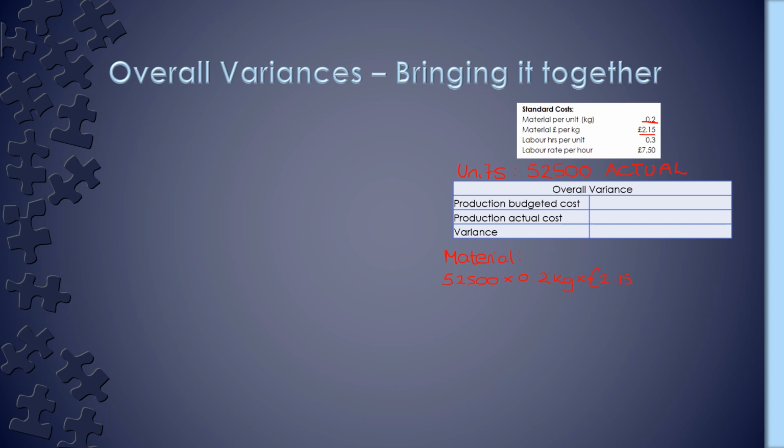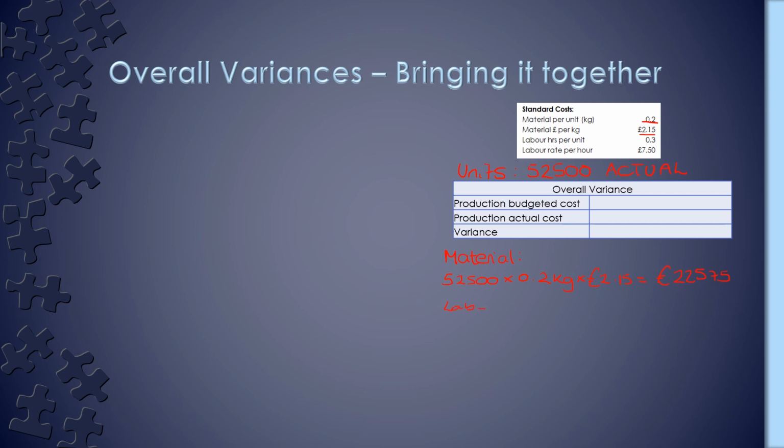So you can break this down into two individual steps if you want to, but just to pull this together so I can then show you how the other variances fall into this, I'm just going to do it all in one calculation, which means our material should have cost us 22,575.